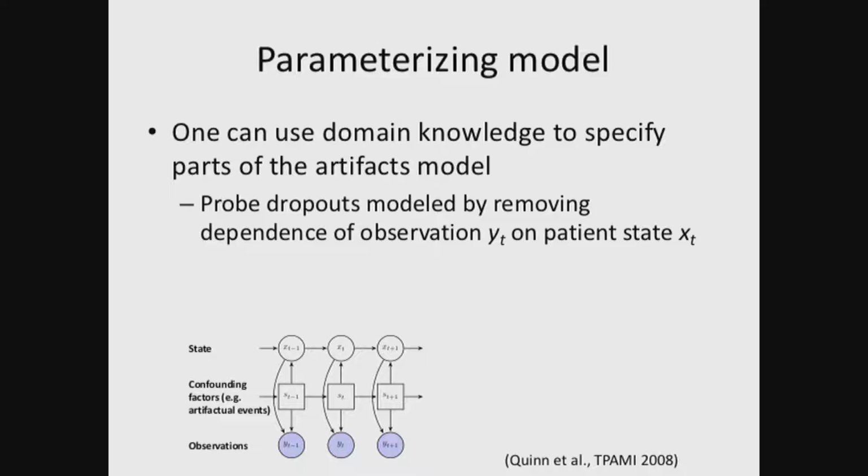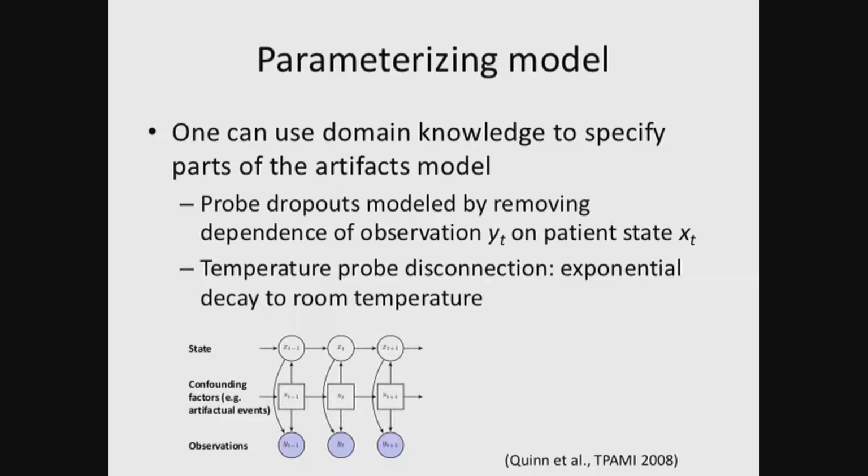But there might be some delay to that lack of dependence. And that is going to be encoded in some domain knowledge. So for example, when you remove the temperature probe from the baby, it starts cooling, assuming that the ambient temperature is cooler than the baby's temperature. So you take it off the baby, it starts cooling down.